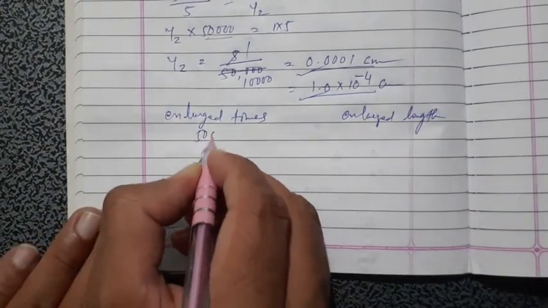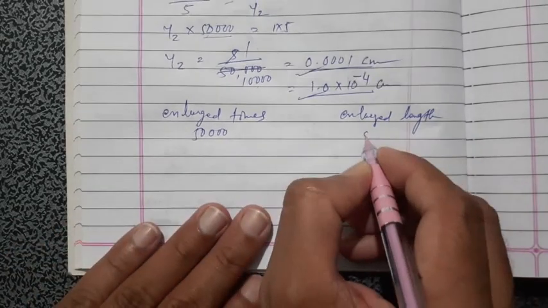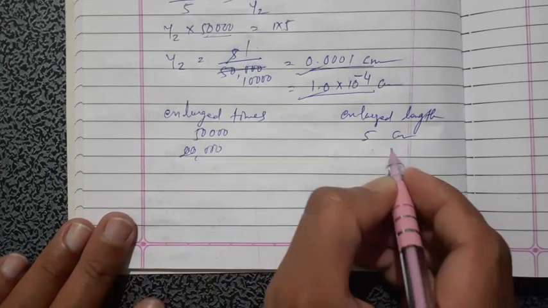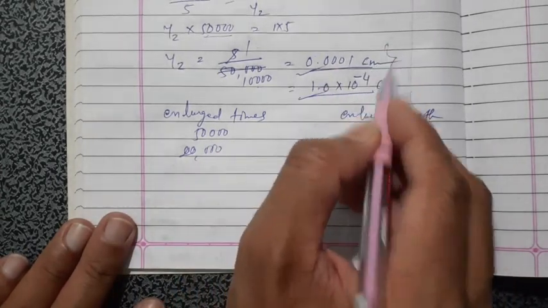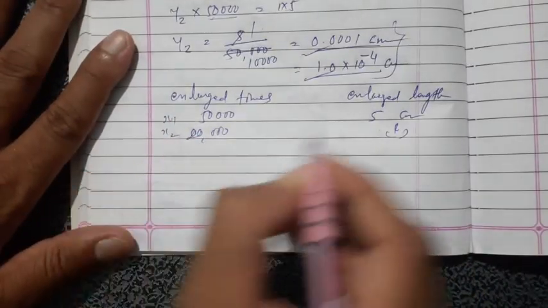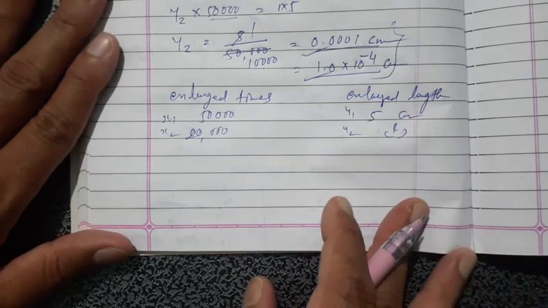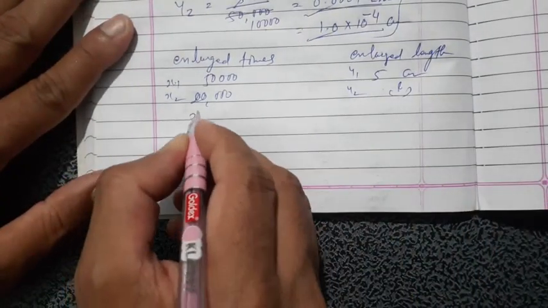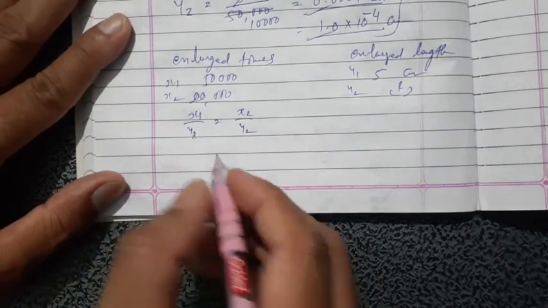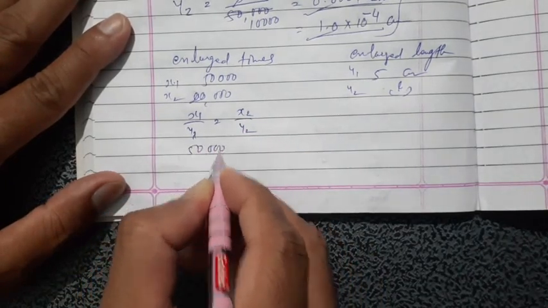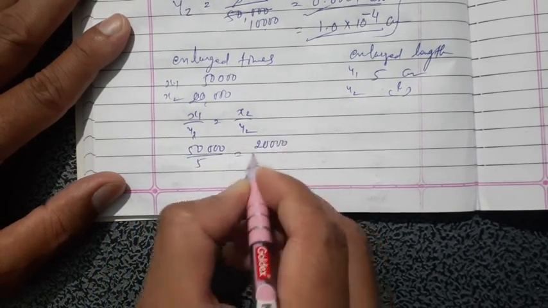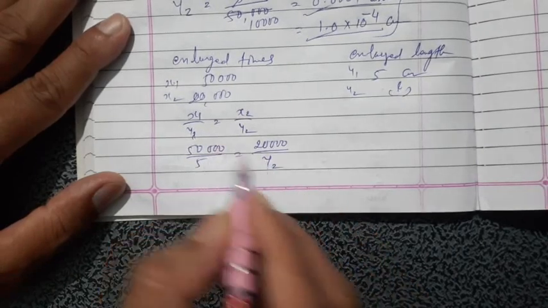When 50,000 enlarged time is there, that time 5 centimeter length is there. When it's 20,000, what is the length? Okay, this one is our first answer, that one is the second one. Same here, x1 x2 y1 y2, we know that that is in direct proportion. So x1 upon y1 equal to x2 upon y2. Put the value of x and y here. 50,000 upon 5 equal to 20,000 upon y2. Cross multiplication.